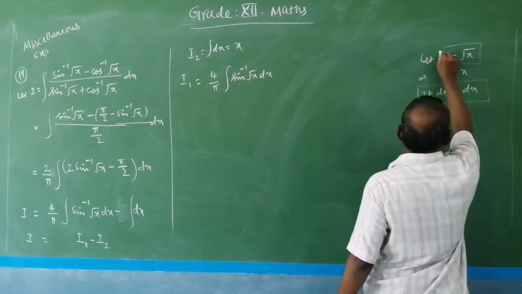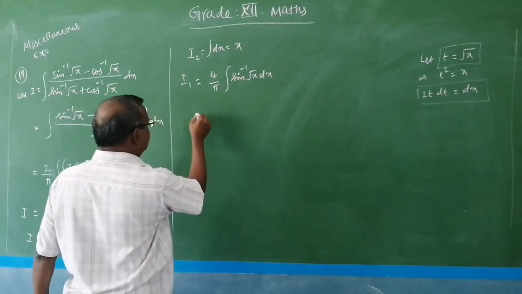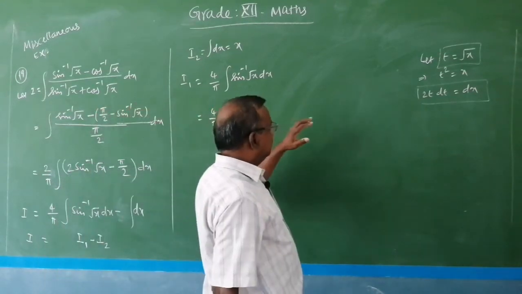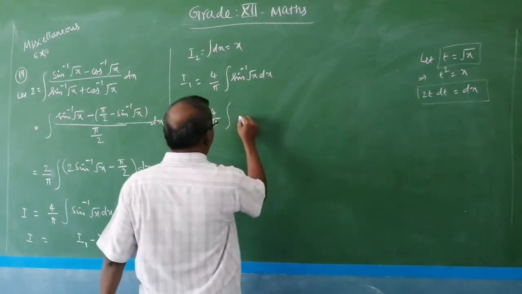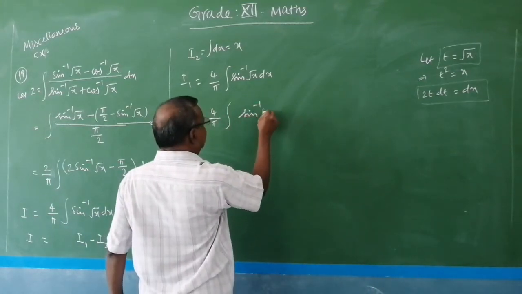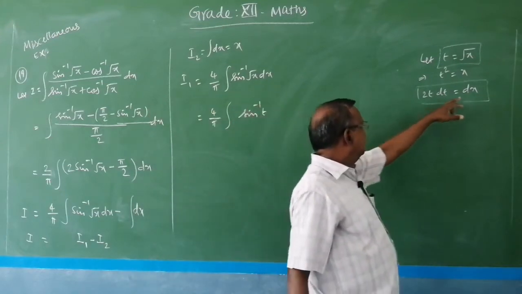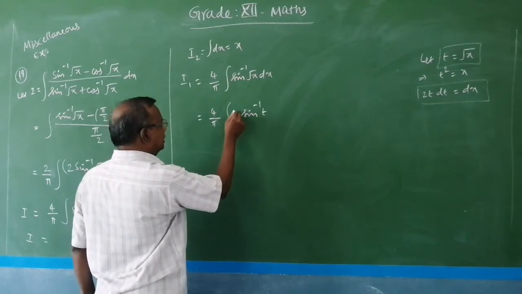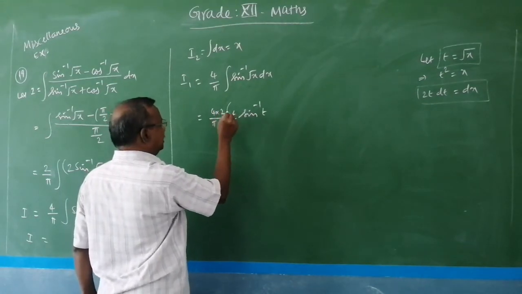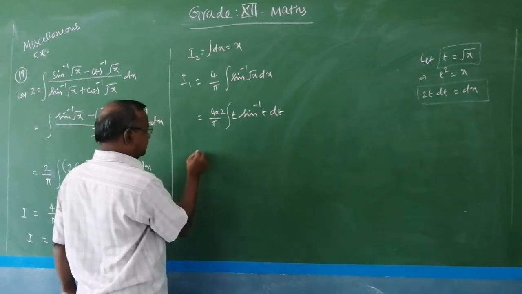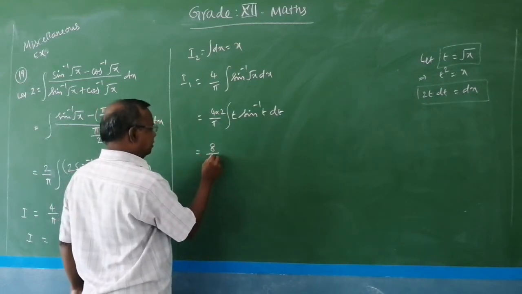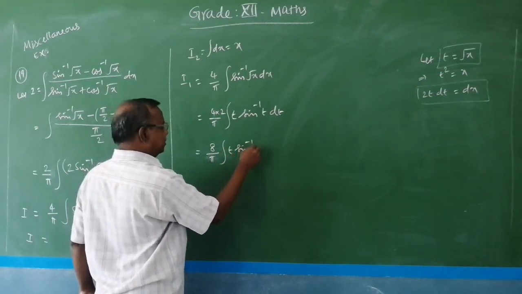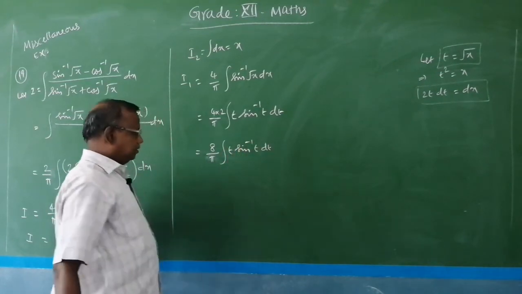So substituting these values, we have 4 by pi integral of sin inverse of root x, which means sin inverse of t, and for dx we put 2t into dt, that is 2 into t. Putting the 2 here into dt, that is equal to 8 by pi integral t into sin inverse of t into dt.